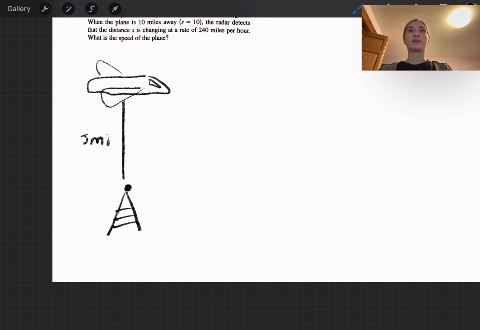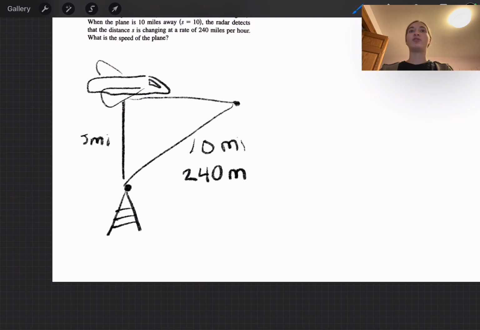And then we need to find the length of this line, but the hypotenuse is where the plane is 10 miles away from the antenna, and it's at this point that the plane is traveling at a speed of 240 miles per hour.